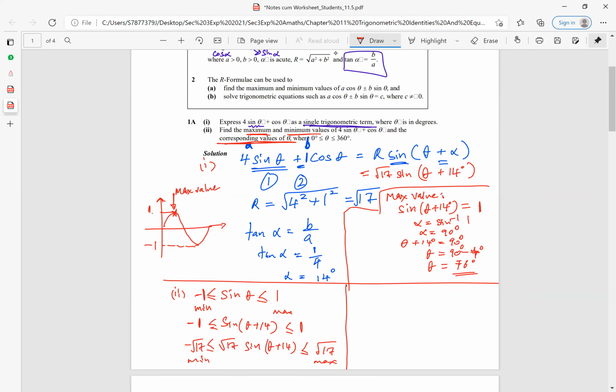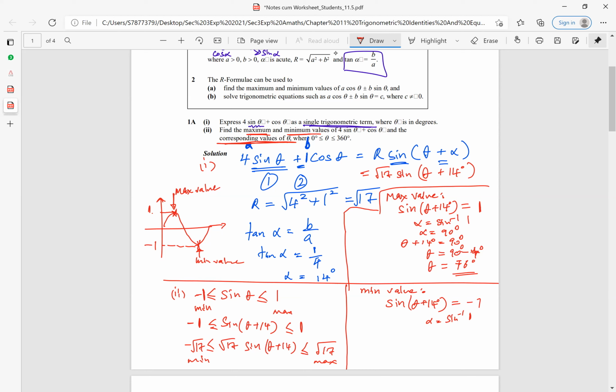Then for minimum value, sine theta plus 14 degrees must be equal to -1, which is over here. And again, you don't need to put -1, but because it's negative, it should be in the third and fourth quadrant.